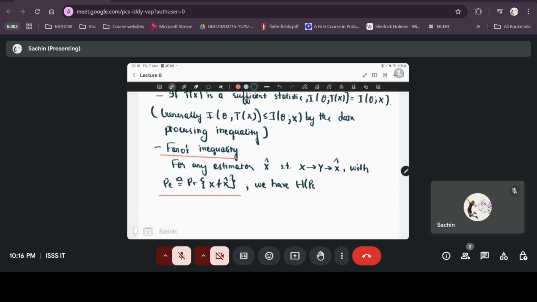The upper bound is H of p plus p log cardinality of script X, which is greater than or equal to H of x given x hat, which is greater than or equal to H of x given y.